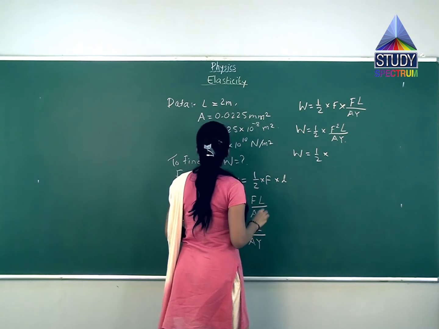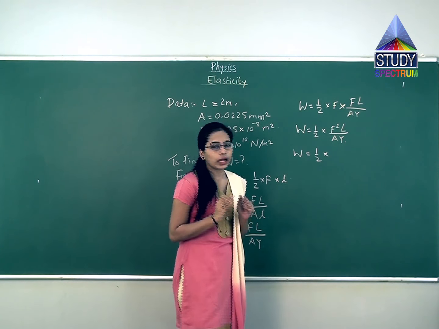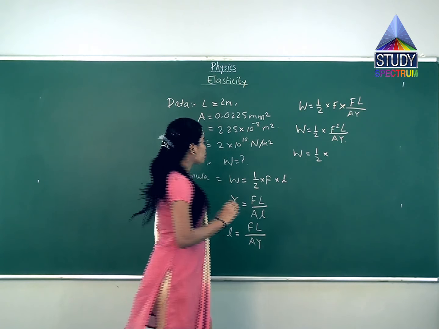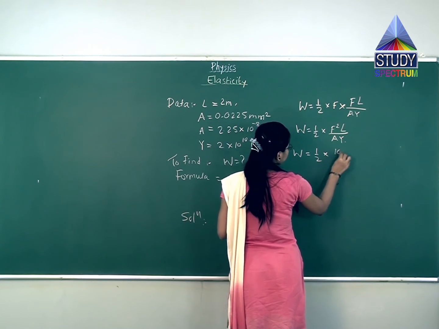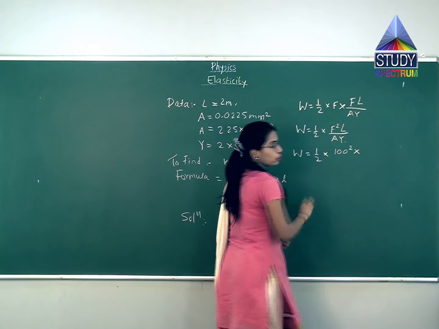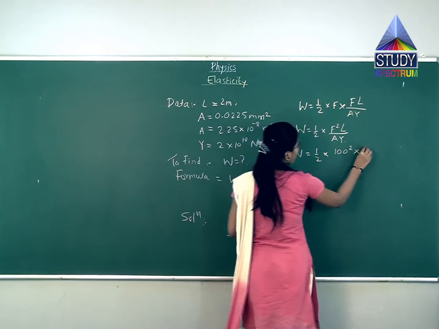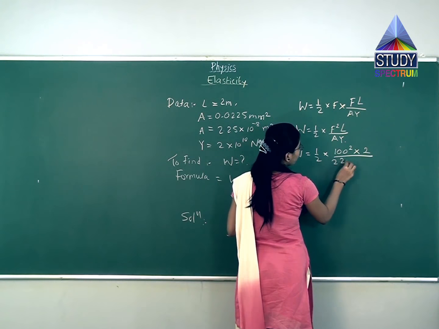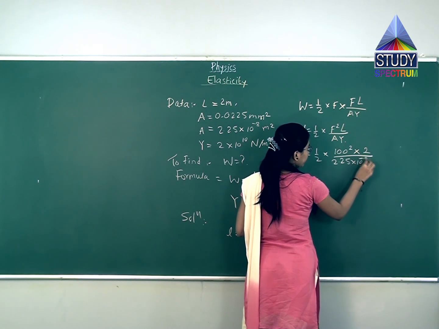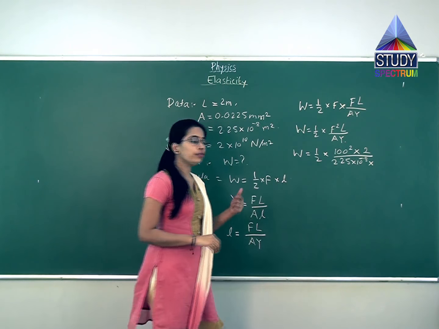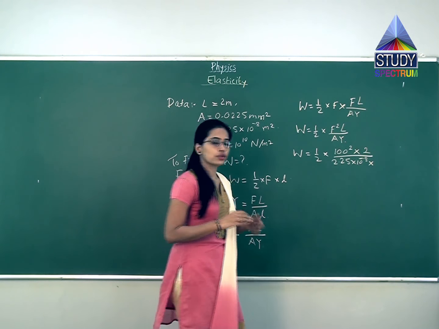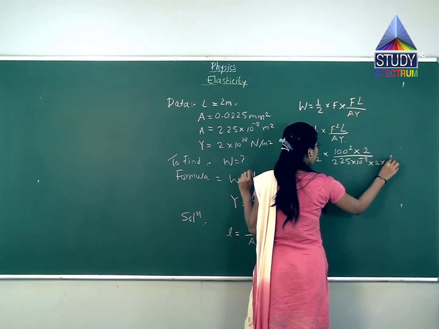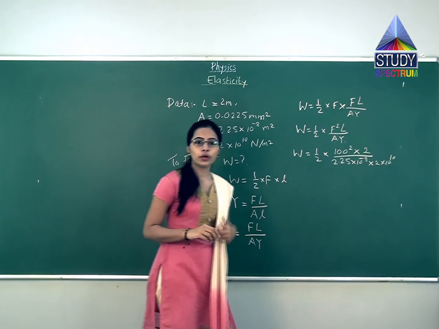Half into, the value of force is given as 100, so this will be 100 square, into the value of length, which is 2, upon area, 2.25 into 10 raised to minus 8, into the value of Young's modulus, which is 2 into 10 raised to 10.